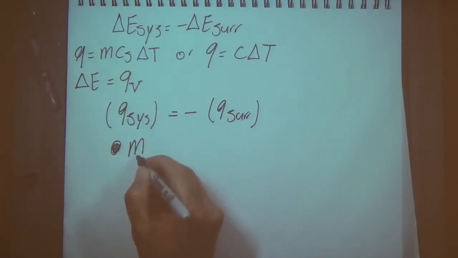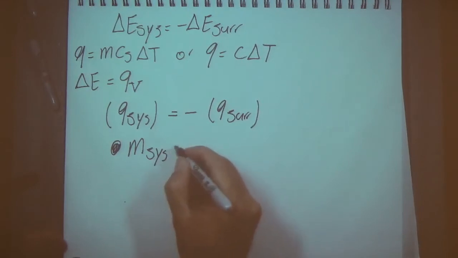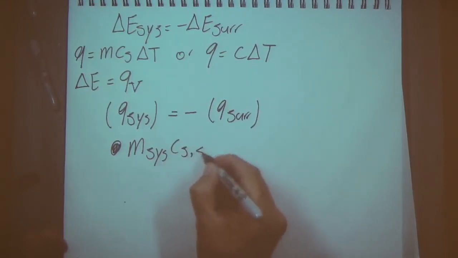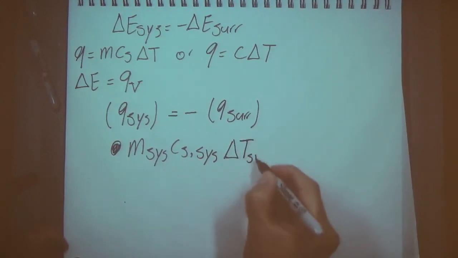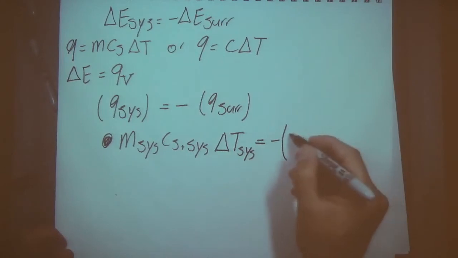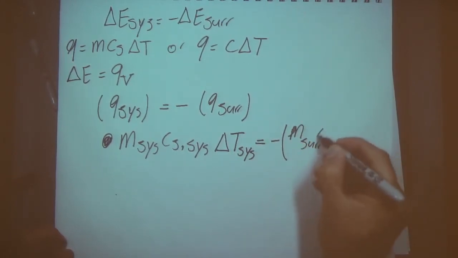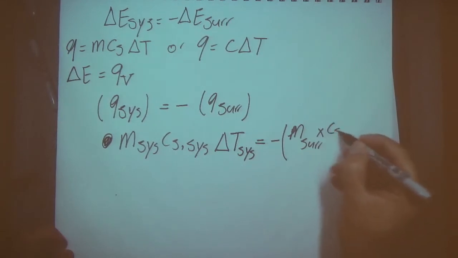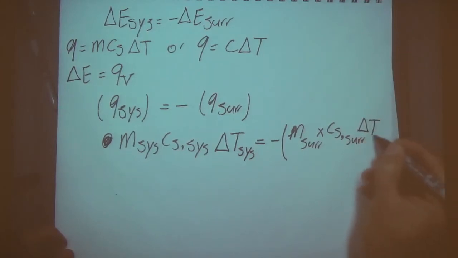M of the system multiply Cs of the system multiply delta T of the system equal to minus mass of outside multiply Cs of outside multiply delta T of outside.